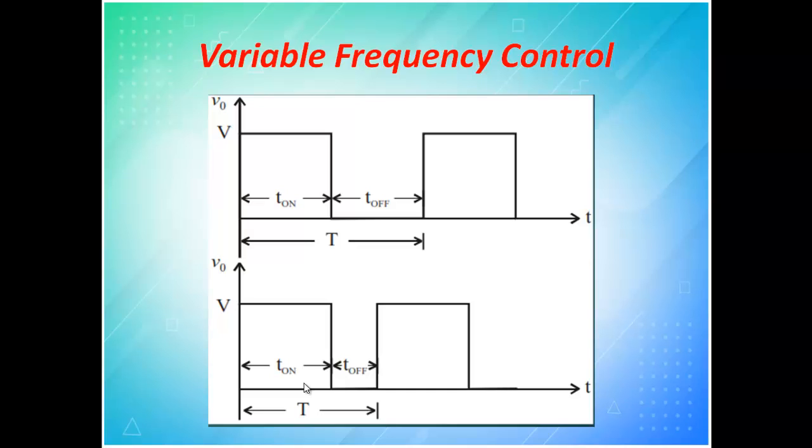If T is less, then frequency increases. So when you compare the two, here the frequency is less compared to the frequency here. Here T is reduced, so frequency will increase. Here T is increased, so frequency will come down.